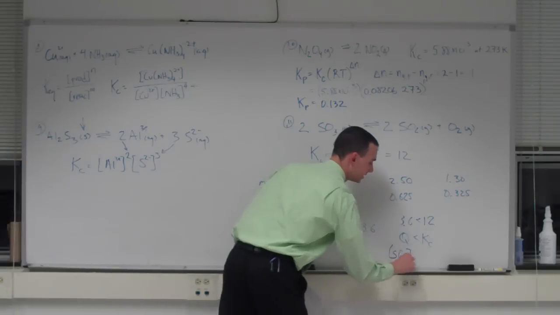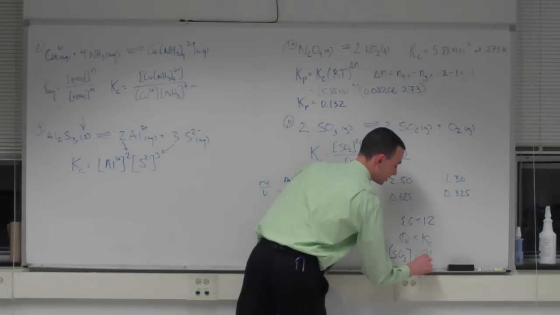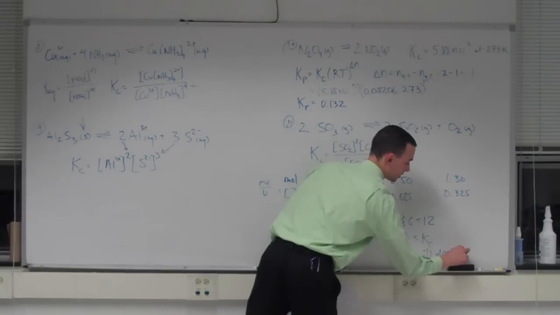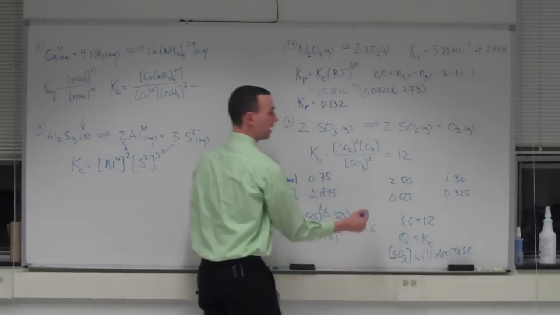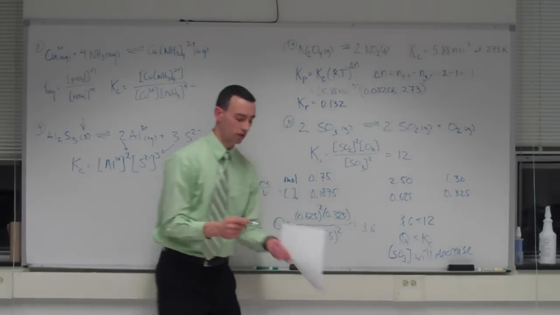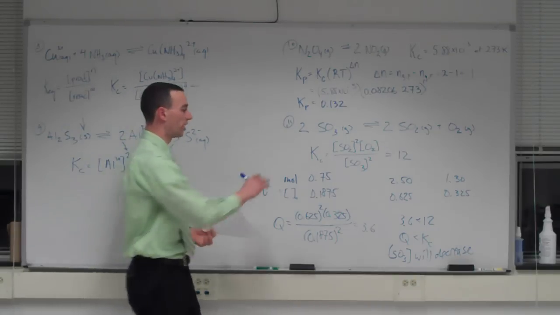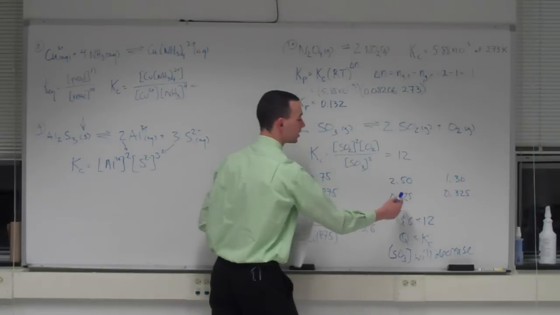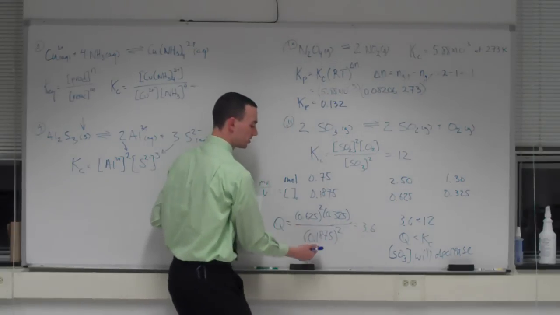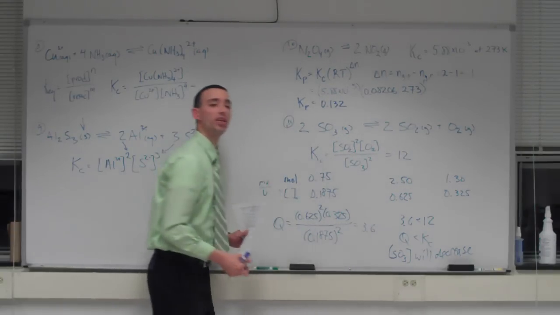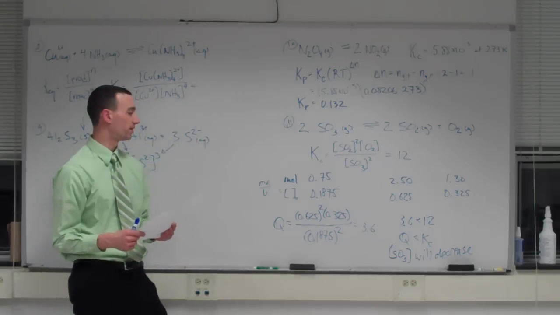SO3 will decrease, so that SO2 and O2 will both increase. And it'll be a little bit of a change. We'll shuffle a little bit more over to here until these two rise a little, this one goes down, and until this ratio becomes 12 that we've looked at.